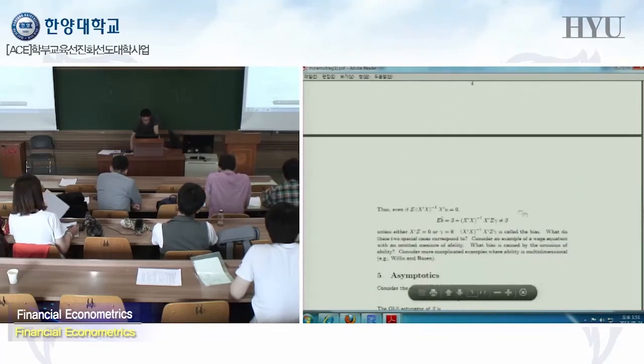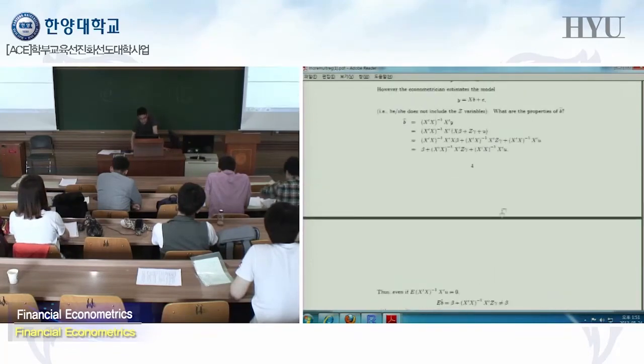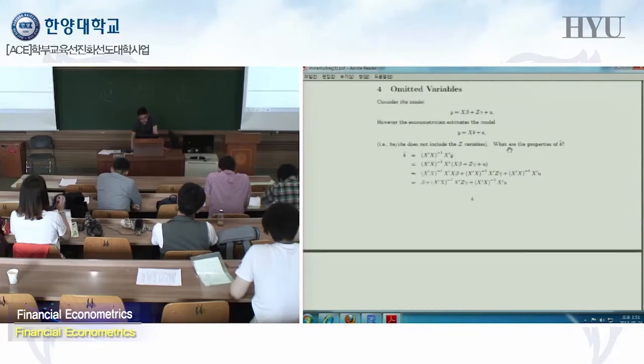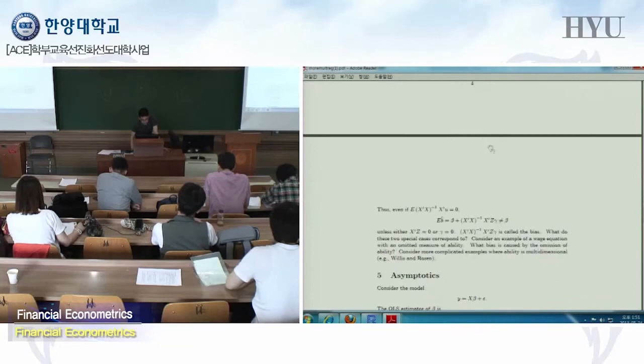Thus, even if in our regression, we usually assume that the error term, our hidden assumption, is orthogonal or independent of X and Z, and even if we accept that assumption, still the expectation of b hat is now different from beta.